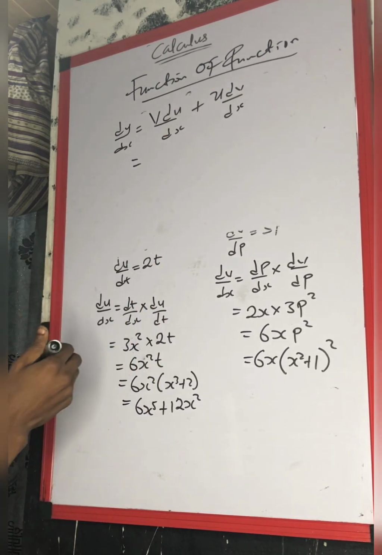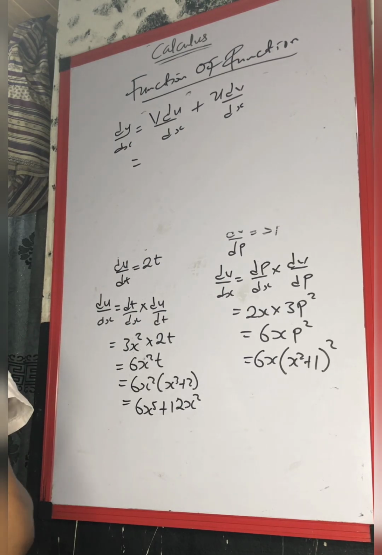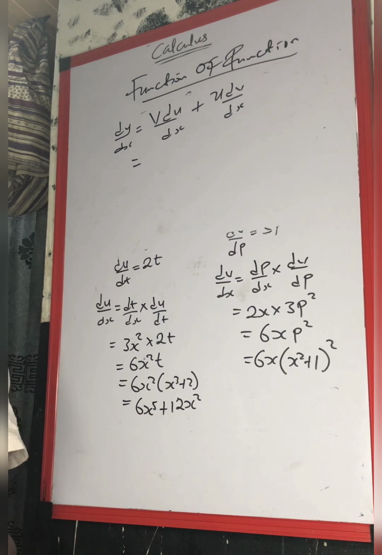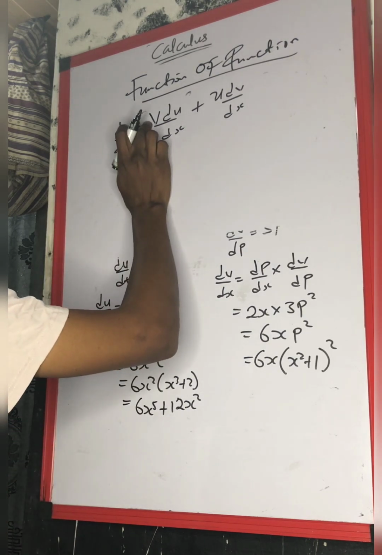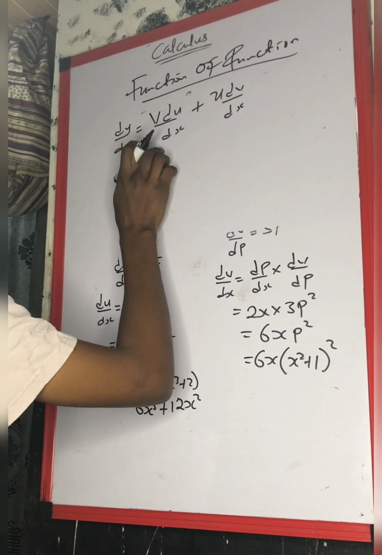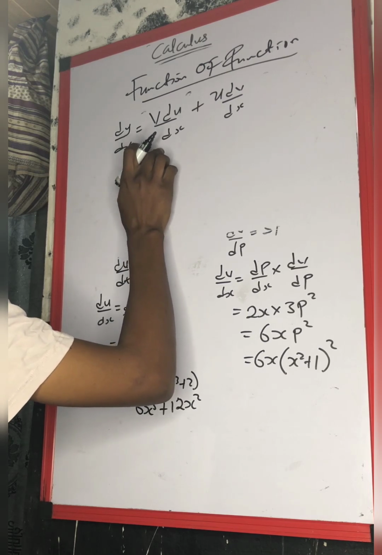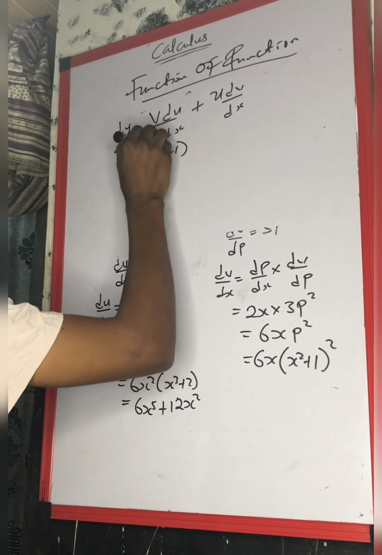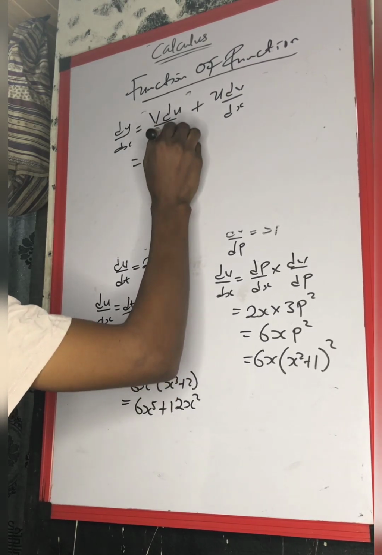If you go back to the question, you already know what v is. Our v is s squared plus 1 raised to the power of 3.